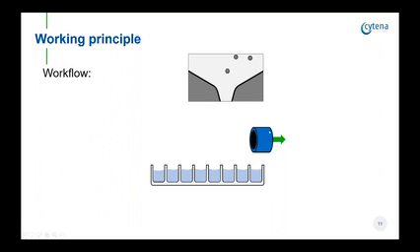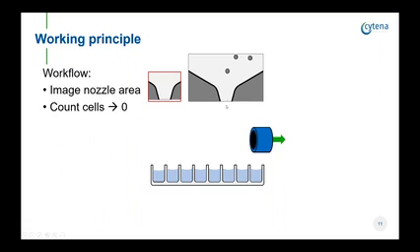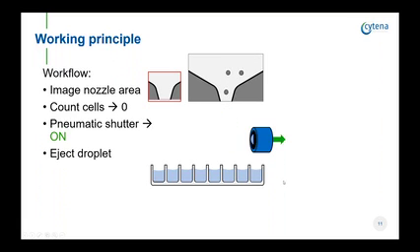We have a tiny vacuum suction which is placed directly underneath the nozzle and our target substrate. And we're continuously monitoring the nozzle area, and using automated image processing, we count the number of cells and determine their morphology. And if there's no cells present in the nozzle, we have the pneumatic shutter switched on, and the droplet will be removed directly after ejection.